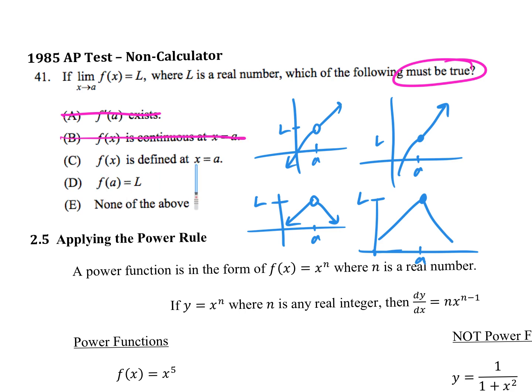What does that mean? Does it have to have, when x is a, a point? That means that my function's defined there. No, it doesn't have to be defined. You can still have a limit there. Does f of a have to equal L like it does in that picture? No, because f of a doesn't equal L here, but my limit did. This is hard. That one was none of the above. Pictures help me as well.